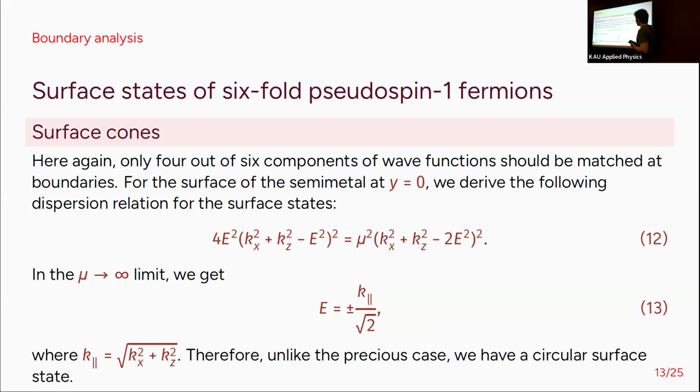It must be of the order of the work function, so it must be big in comparison with the energies we are investigating. We have this dispersion relation for the surface states.